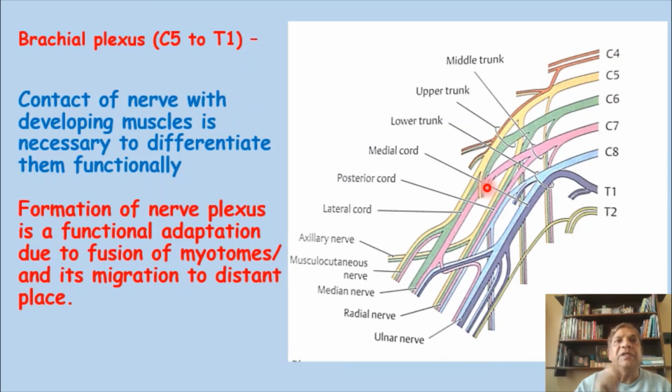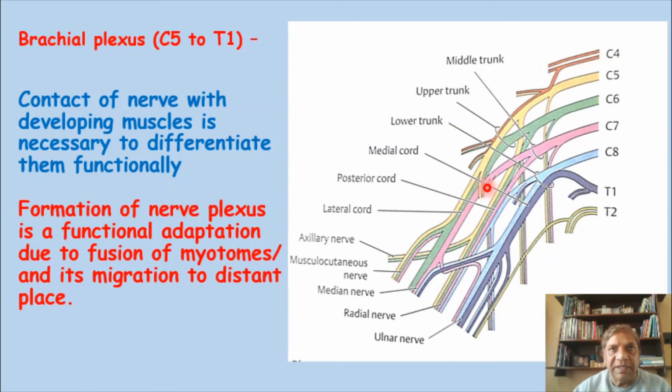the muscle will not develop. So contact with the developing nerve is necessary for the muscle to differentiate functionally. Thus a muscle, only after its contact, forming the motor nerve plate or motor end plate, will acquire its function, whether it is flexor or extensor, abductor or adductor.